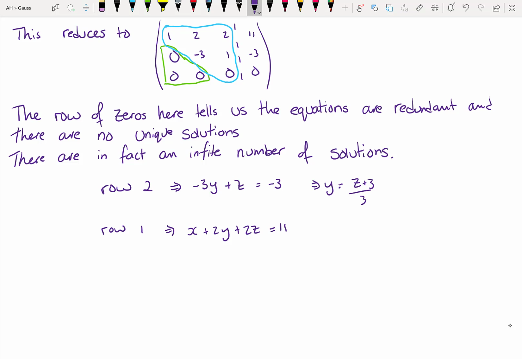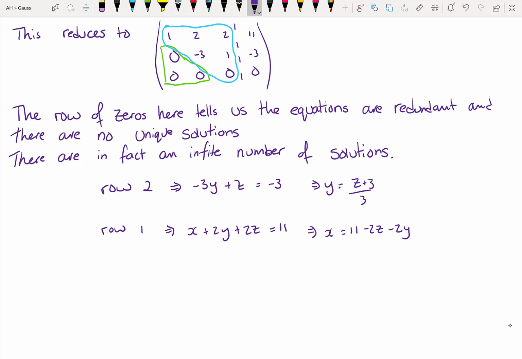Whenever we're doing this, our answer is going to be dependent on a variable, and we want to make sure it's the same variable. So shoving in our numbers, we move towards x is equal to 11 minus 2 lots of z minus 2 lots of y.